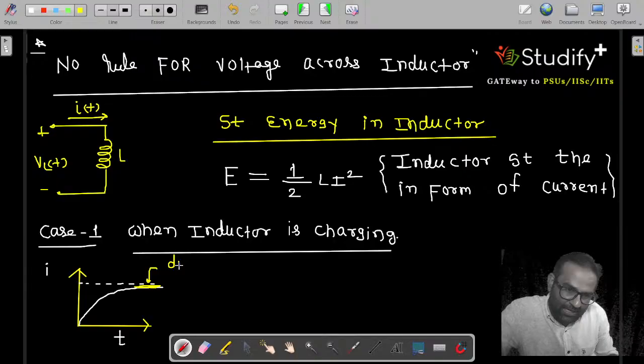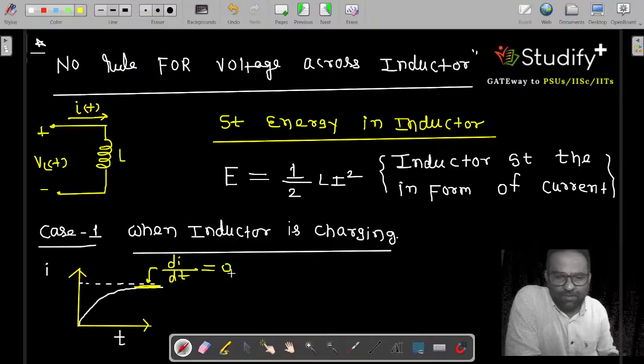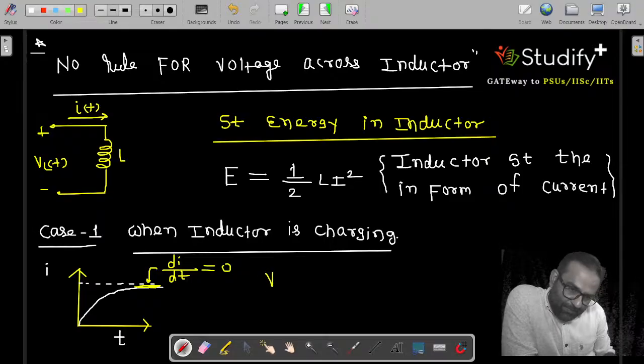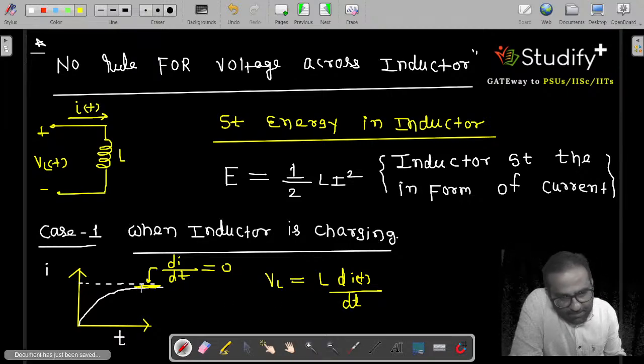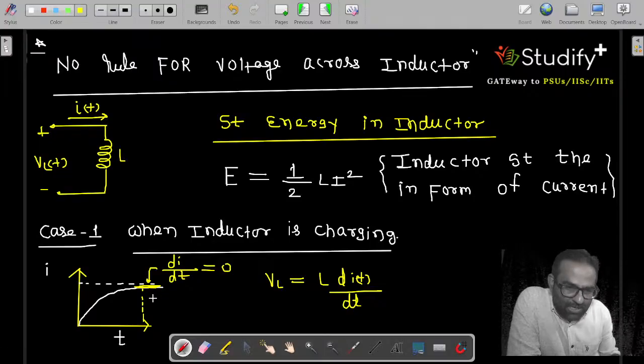If maximum charging is here, what is the value of the derivative di(t)/dt? As you know, this is the characteristic of the maxima, that the value of the derivative is 0. So v_L equals L di(t)/dt. And you will get maximum charging in a steady state.